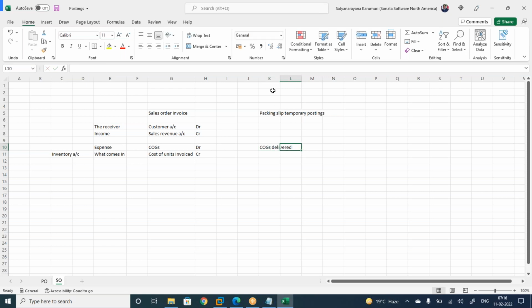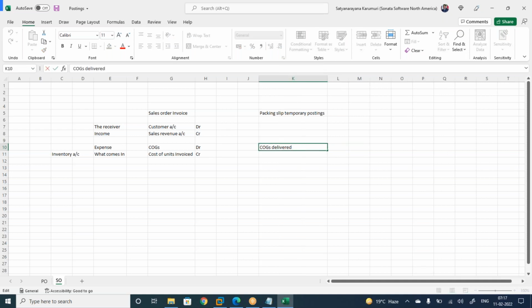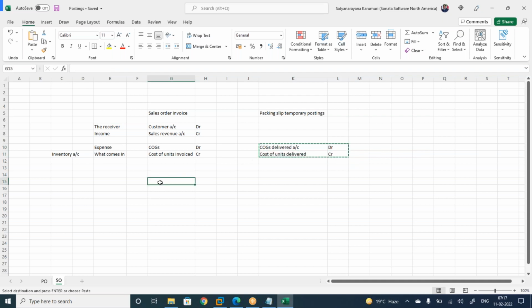Cost of goods delivered account debit to cost of units delivered account credit. This is a temporary posting at the time of the packing slip, and these two will be reversed at the time of invoicing.